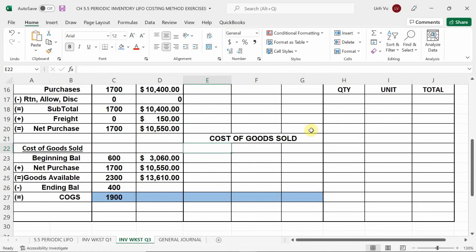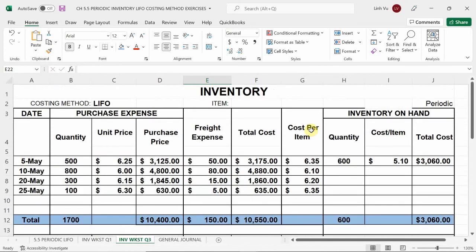Right. So, following the rules of LIFO, okay, which batch of inventory am I going to take out from first?